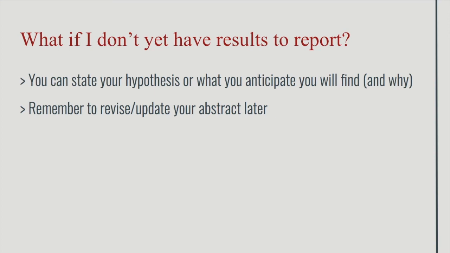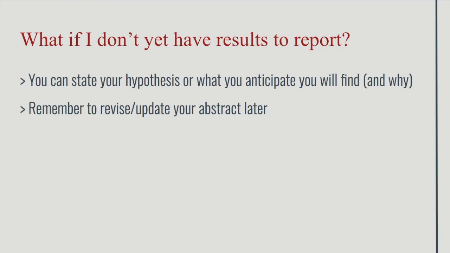Now, some people start writing their abstracts really early on in their writing process for their project, and then they'll ask me, well, how do I write this abstract that's supposed to give all the important information from the study, including results, if I don't yet have the results for the project or I don't yet know what the outcome is?